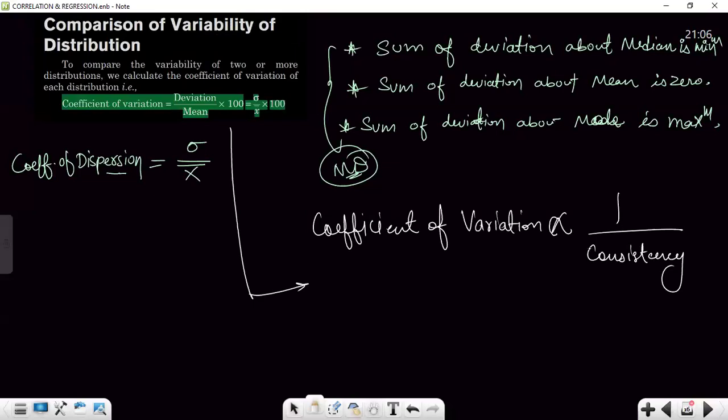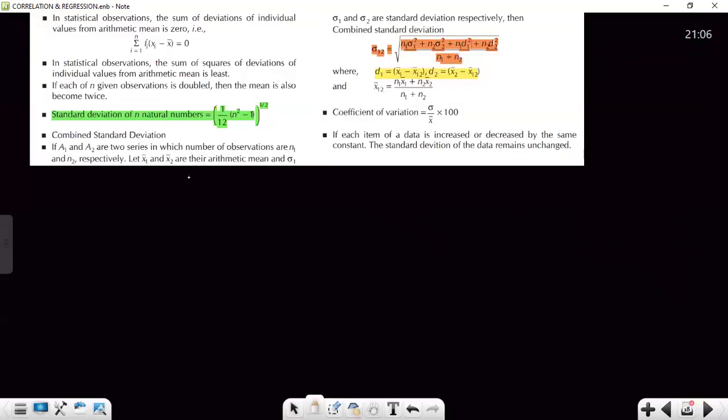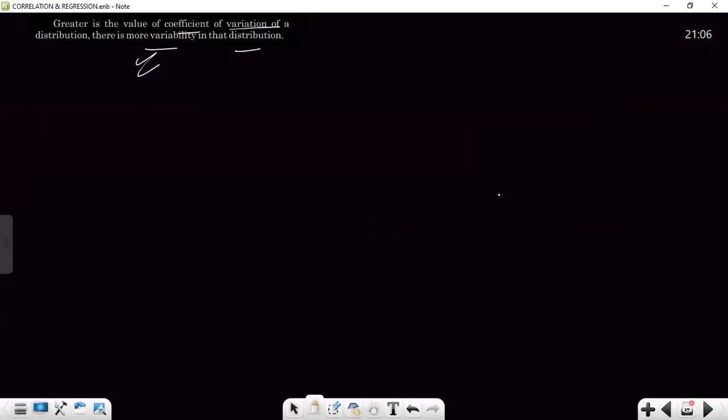Okay, so I should write that a greater coefficient of variation means greater variability? You understood yourself. So let's now talk about combined variance.